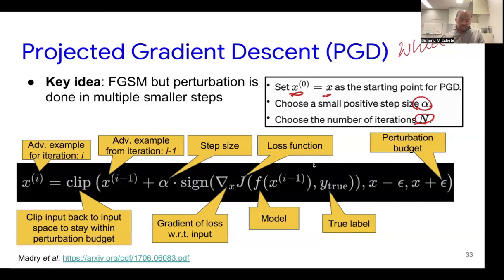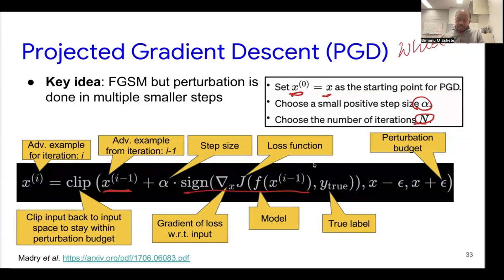But in general, at step i of the process, you are going to apply a clipping on what you compute. And I'll come back to what the clipping is doing. So given the adversarial example that you generated in the previous step, step i minus 1, you're going to do the same thing.